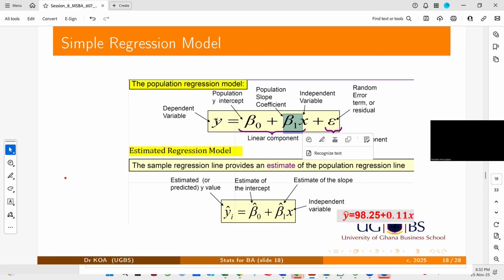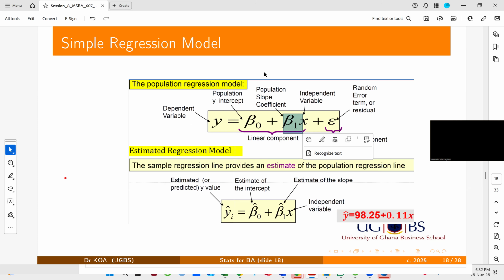So when you're looking at the quantity demanded and price, you notice that price is trying to affect quantity demanded. So price is the independent variable. But then how much price is influencing the dependent variable? There could be other factors.